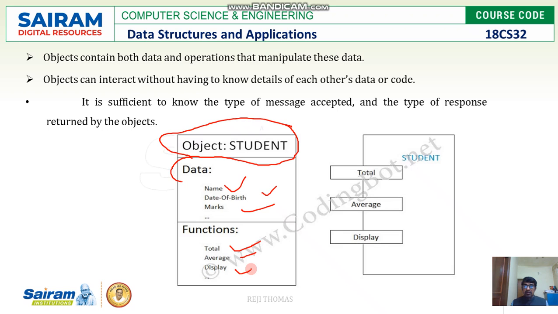So this is about objects. Objects can interact without having to know details of each other's data. Think that your program has two objects, A and B. Object A can communicate with B without knowing B's data or its code.